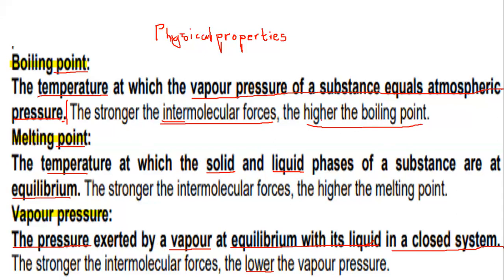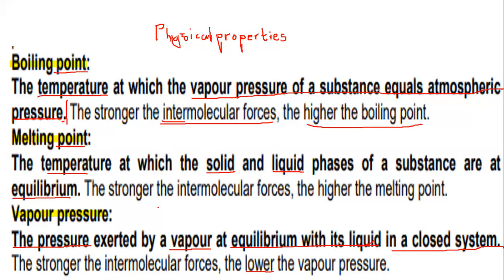Because when the boiling point is high, that is when the intermolecular forces are strong, and when the vapor pressure is low, that is also when the intermolecular forces are strong. In other words, the higher the boiling point, the lower the vapor pressure.